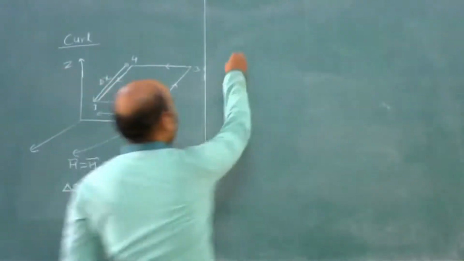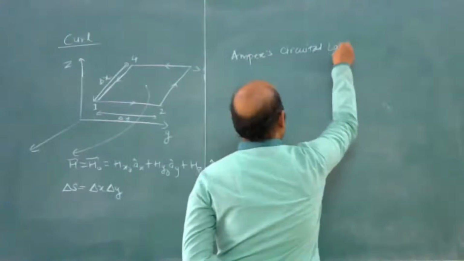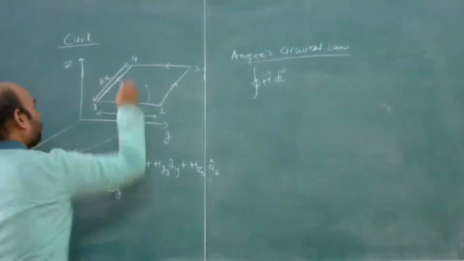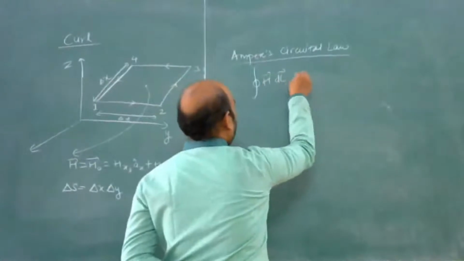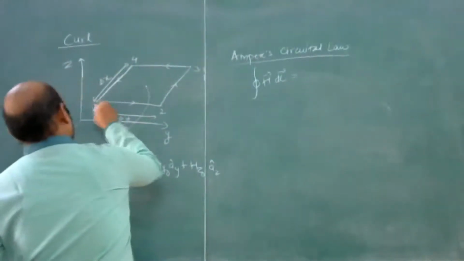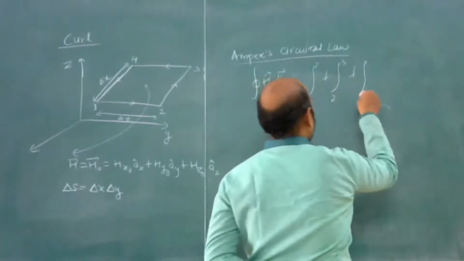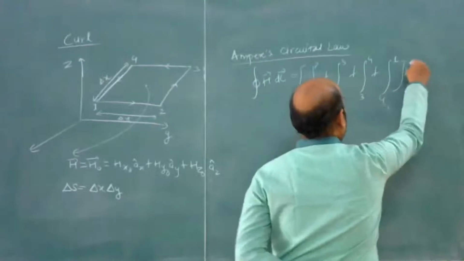Okay, so we will use Ampere's circuital law to determine the rate of change of H. According to Ampere's circuital law, the line integral of H dot dl applied to this closed path can be divided into four integrals: from 1 to 2, plus 2 to 3, plus 3 to 4, plus 4 to 1.